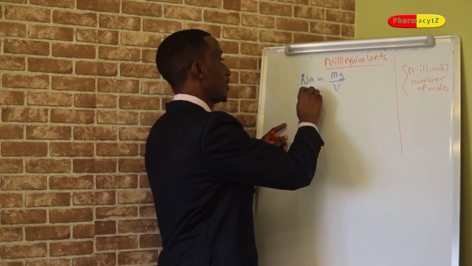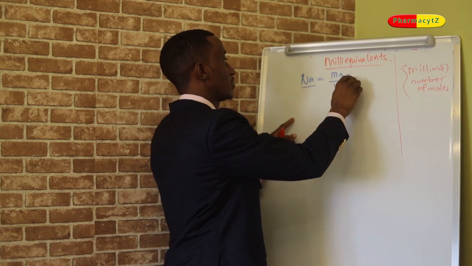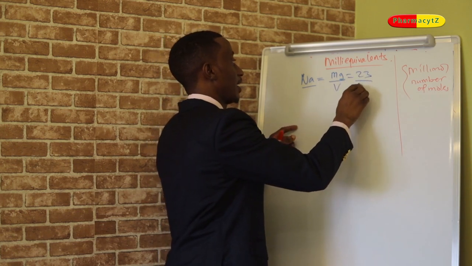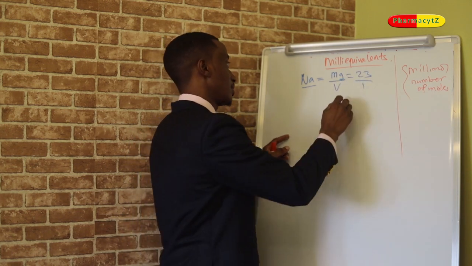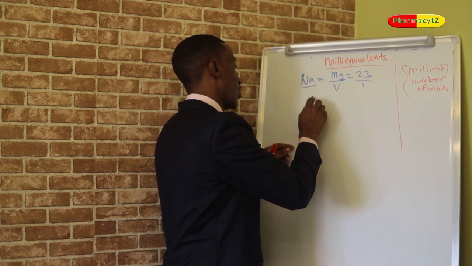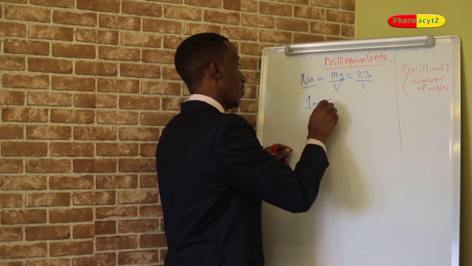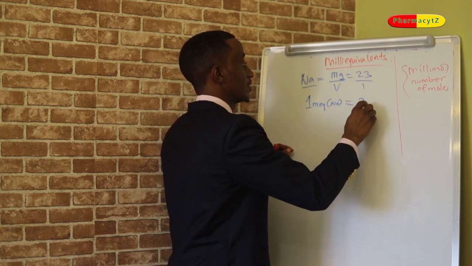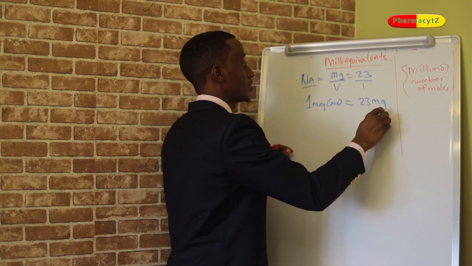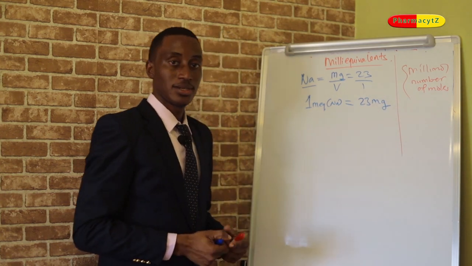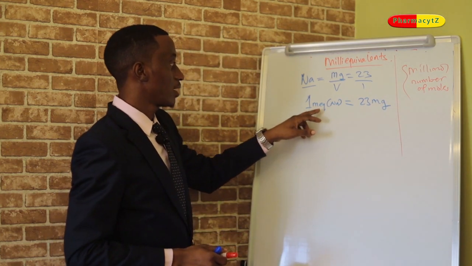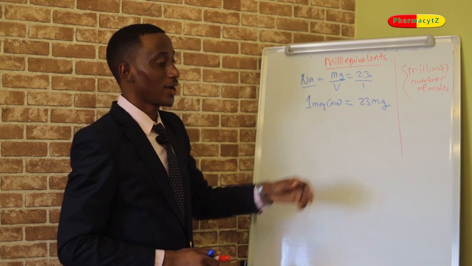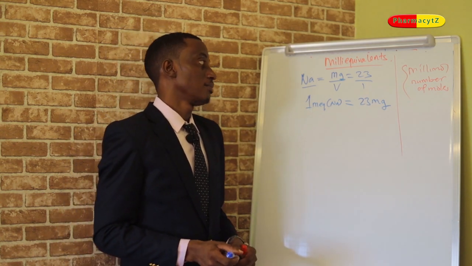Sodium has an equivalent weight of 23 and a valence of 1. This means that 1 milliequivalent of sodium is going to provide 23 milligrams of sodium. I think that is clear. 1 MEQ is going to provide 23 mg of sodium.